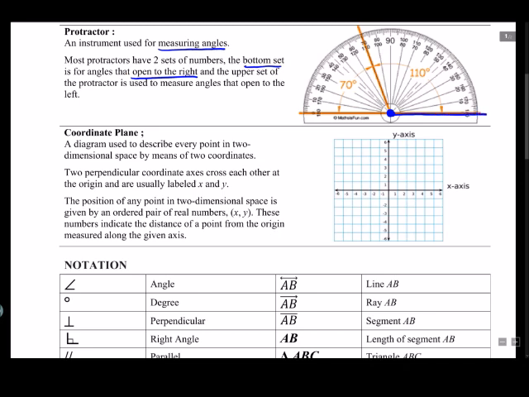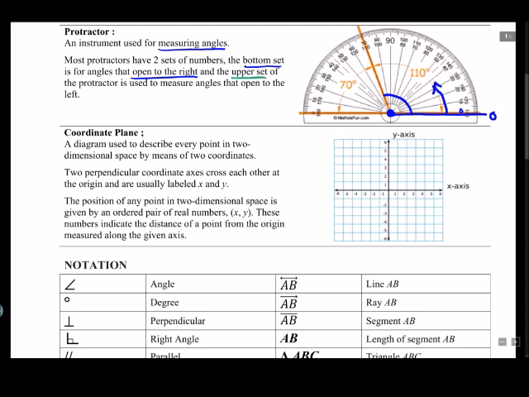Then you line up your angle here, and notice that inside here we have a 0 on our inside set of numbers. Right there is 0. And this is for angles that open this direction. So we are measuring this angle right here. And we go up, and it would be 110 degrees for this one.